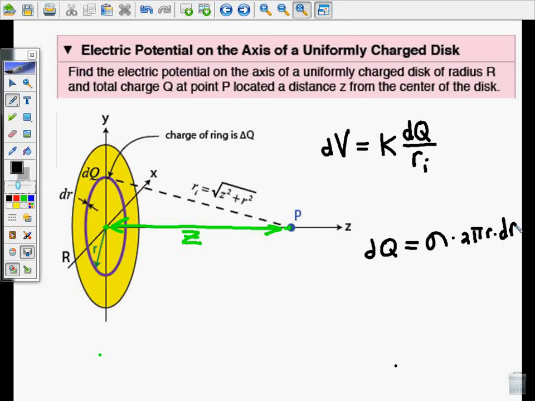You with me, people? And then we have the little tiny piece of the potential equals k sigma 2 pi r dr, all over the r sub i.